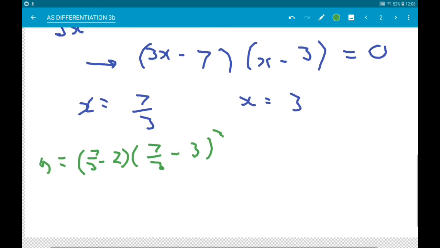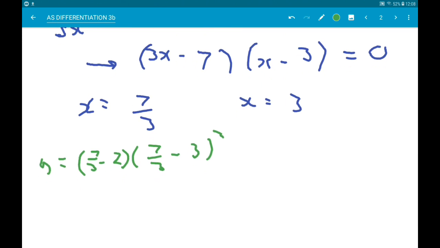Now, 7/3 minus 2 is just 1/3. 7/3 minus 3 is 7/3 minus 9/3, so that's minus 2/3. Squared, so that's 1/3 times 4/9, so that's 4/27.